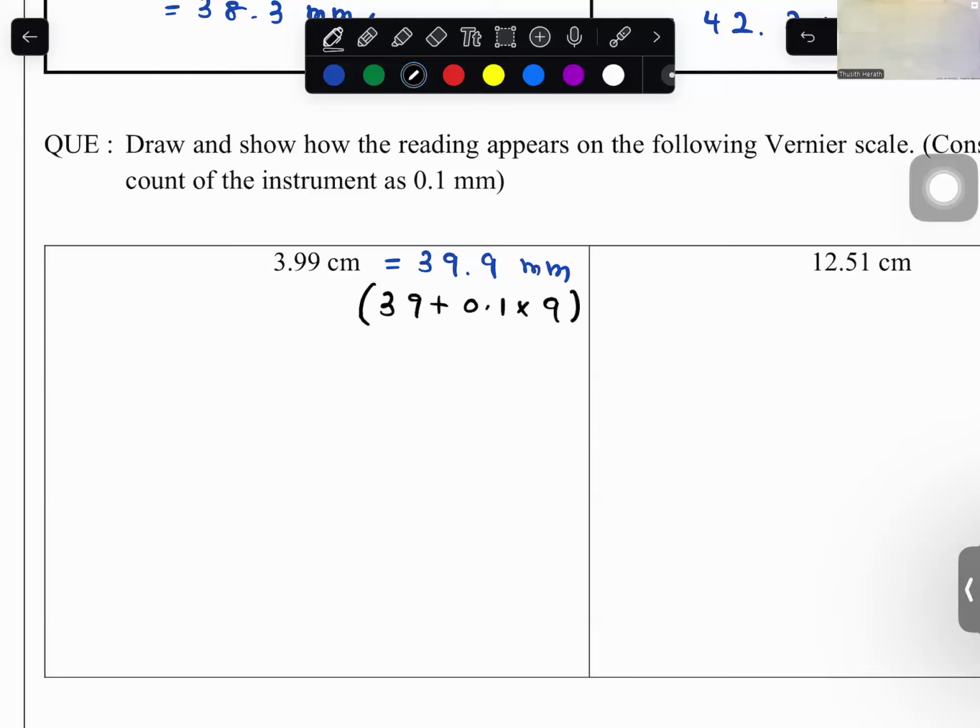Means main scale reading is 39 and the ninth line of the vernier scale should be coinciding with the main scale. So it should be like 38, 39, 40, 41, 42, 43, 44, 45, 46, 47, 48, 49, 50, 38, 39, 40. And the vernier 0 should be past the 39th line.